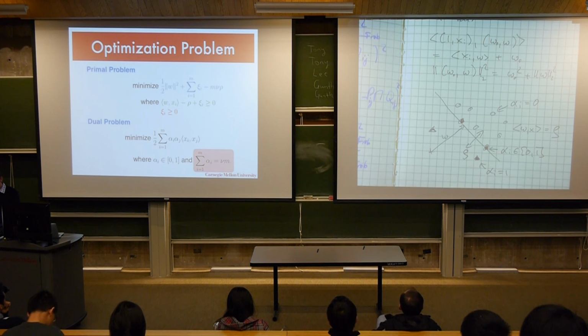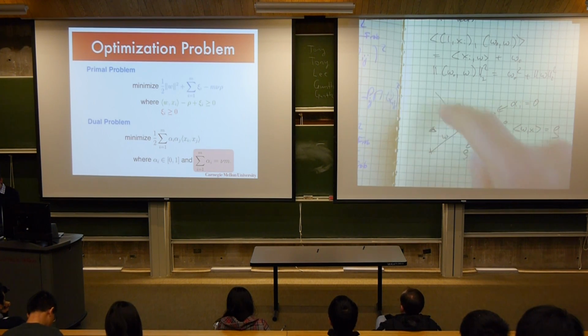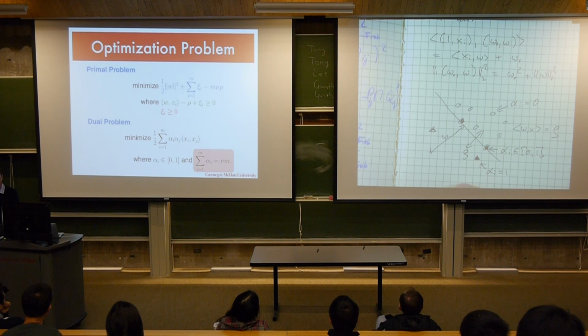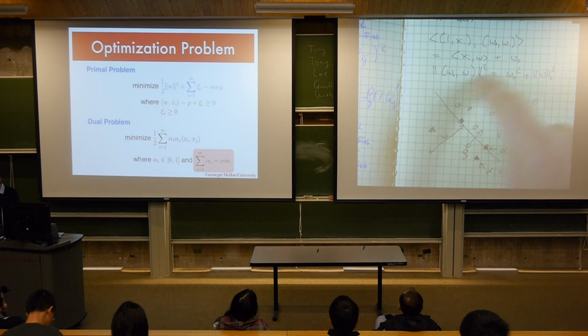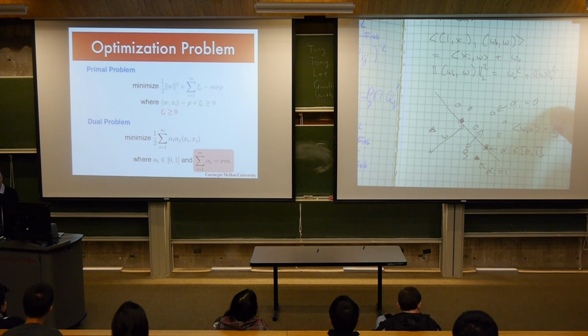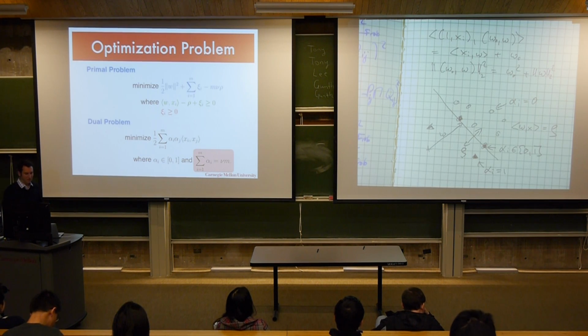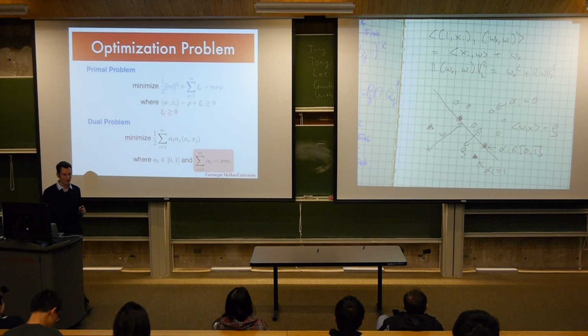In the case where only 100 of them are non-zero, I will have 100 points exactly either on the boundary or to the left. And everything else has to be strictly to the right. Okay? So this already gives us a very nice property. It means that the number of support vectors, or support points in this case, is at least nu times m.